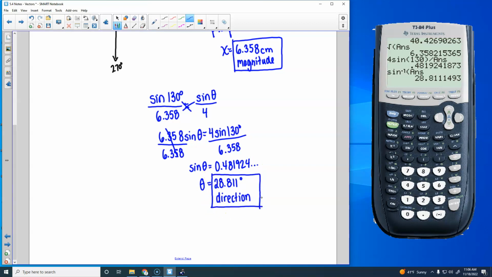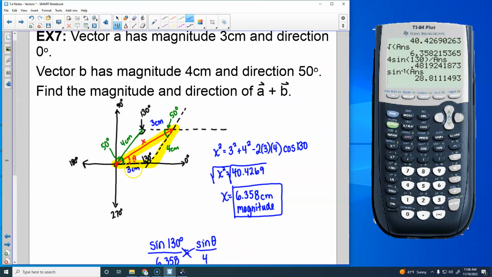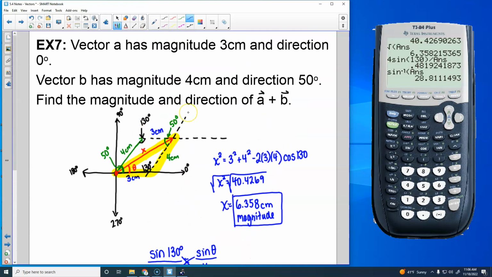That is a very good question. Caleb said, do we need to clarify what direction it is going? For this problem, it was just giving us our directions as straight angles, right? So 0 and 50 degrees. It didn't tell us north, south, east, or west. So in this case, you would just give the angle as your direction.